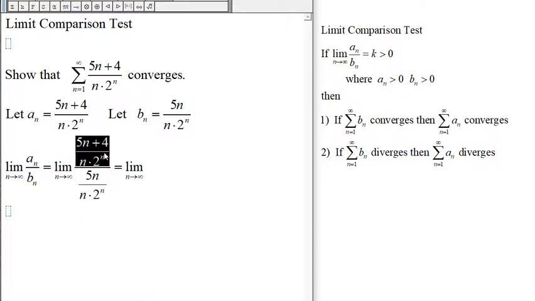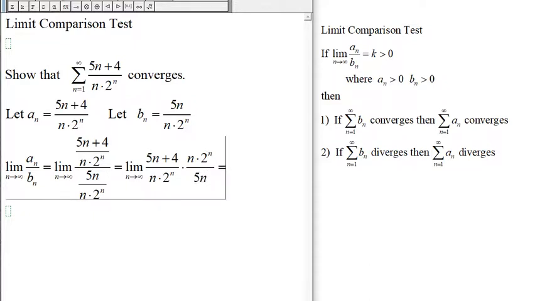If we're dividing by a fraction, so we're dividing by this quotient right here, then it's the same thing as multiplying by the reciprocal. And the n times 2 to the n right here will cancel out, and so this and this will drop out. And then what's left is just (5n + 4) divided by 5n.